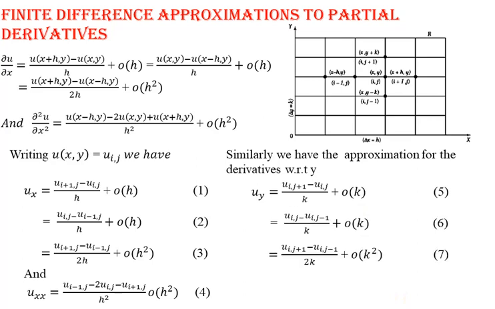In a similar fashion, we get the next equations using the backward and central approximations, and the double derivative along the y direction will be (u(i,j-1) - 2u(i,j) + u(i,j+1))/k² plus other k² terms. So we need to remember all these difference approximations, because we are going to use them to solve the different types of partial differential equations.